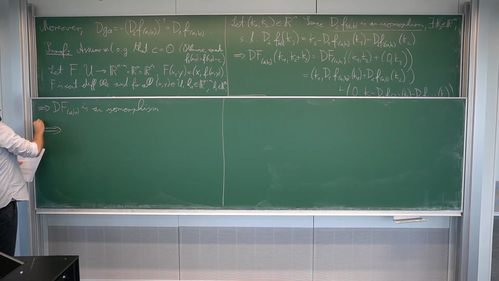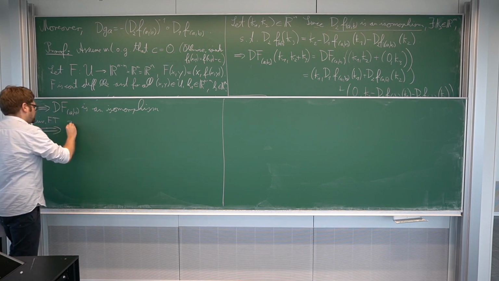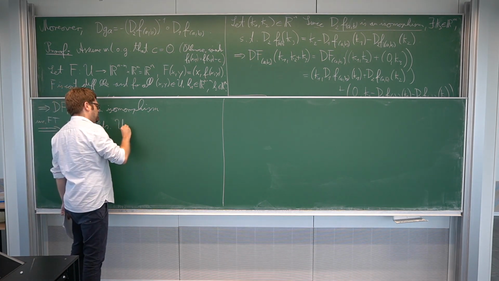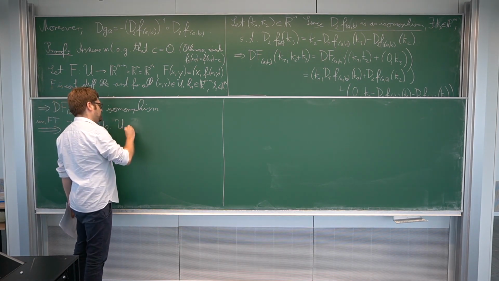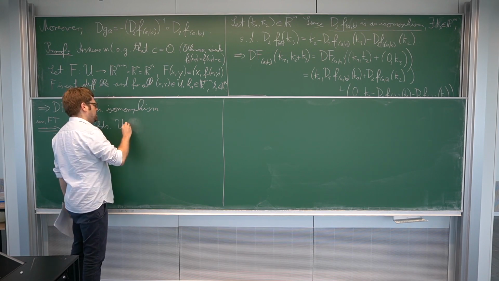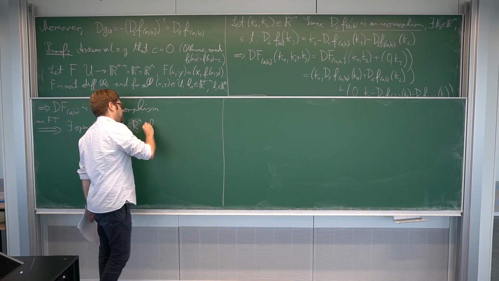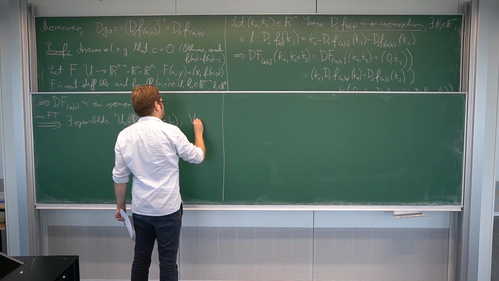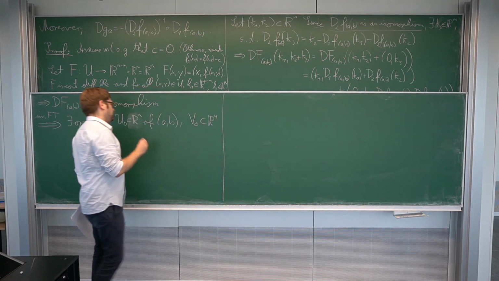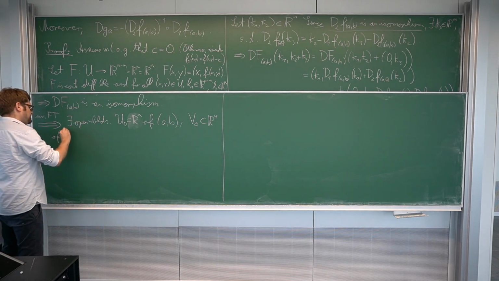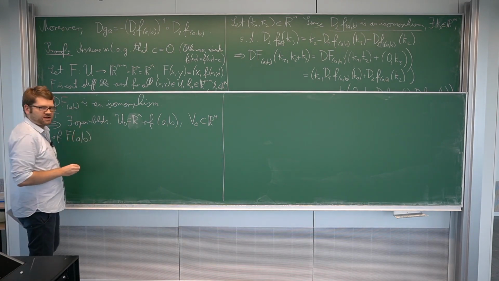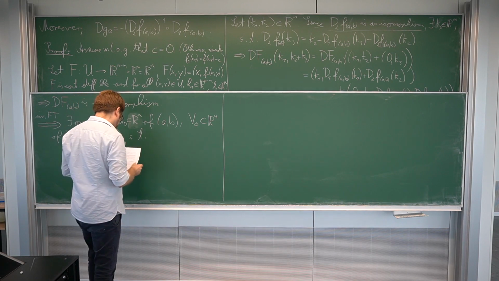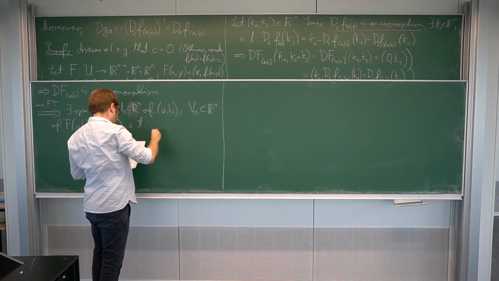The inverse function theorem now tells us there exist open neighborhoods U0 in R^n of (a, b) and V0 in R^n of the image of (a, b), so capital F of (a, b), and if you take a look at how F is built up, this is just (a, c), such that F is a bijection.